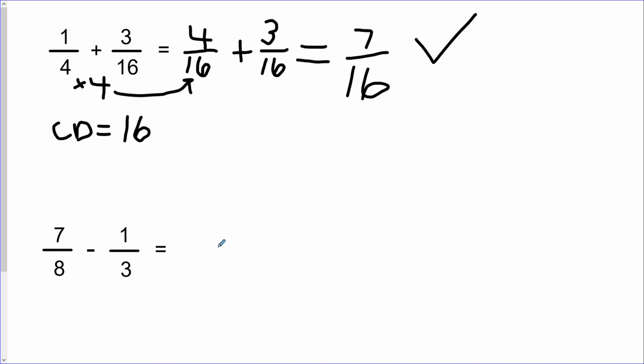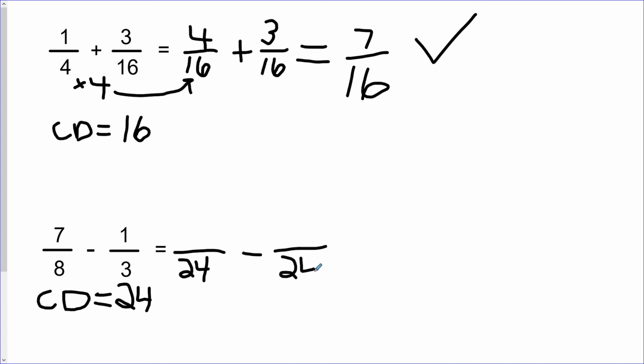Okay, next, again with these, you find the common denominator first. In this case, there are different ways of finding it, but you would multiply the two of them together to get a common denominator of 24. Okay, so over 24, like that.